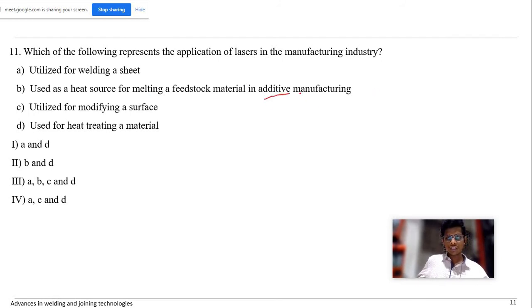In the first session, in the beginning, I said that I will explain other topics also on additive manufacturing, just brief insights about that.